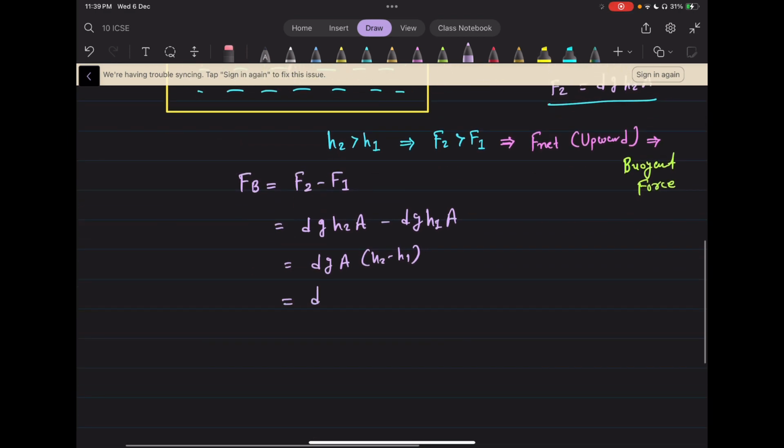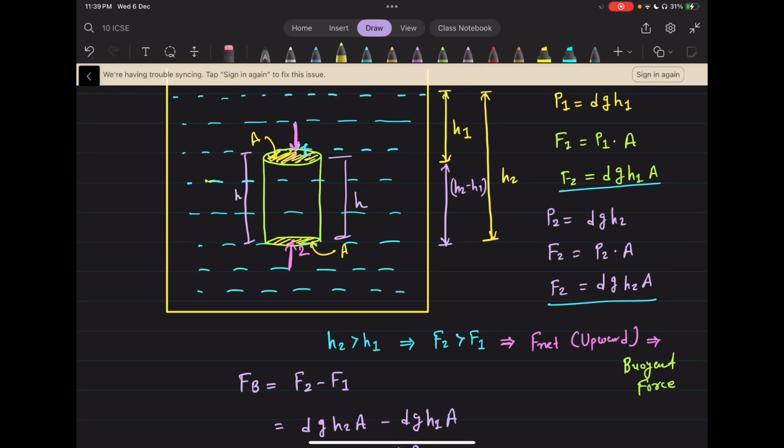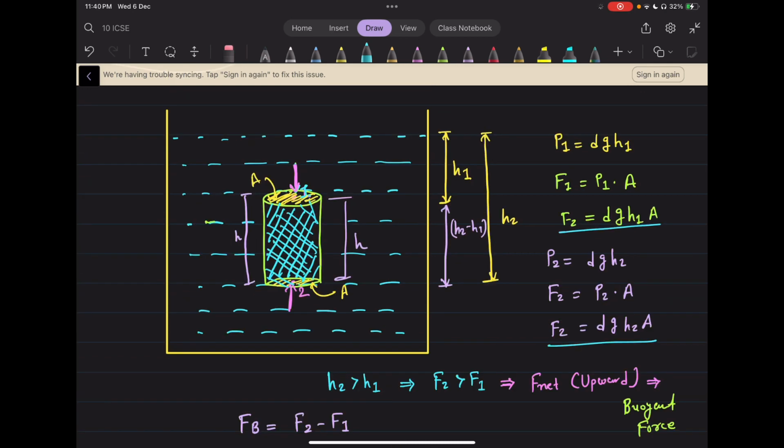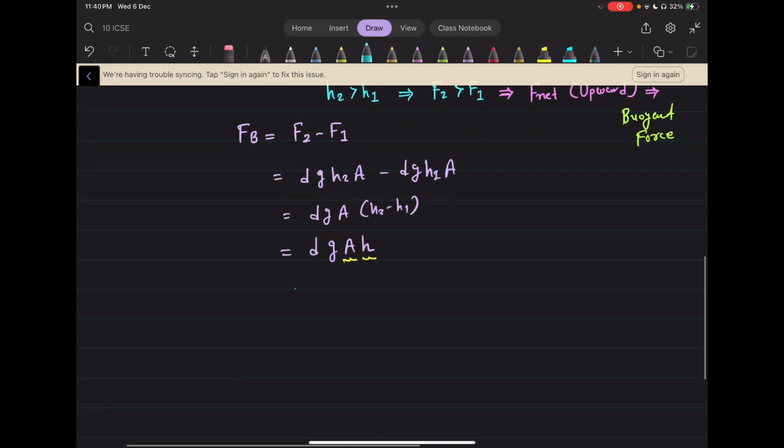So we get dgAh. Now remember that area into height is equal to volume. This is area, and this is height, so that is equal to volume, and this volume is equal to the volume of fluid displaced. The object is fully immersed in the fluid, so the volume of fluid displaced is equal to the volume of the object. So here I have density of fluid, gravitational acceleration, into volume of fluid displaced, and that will be the formula of buoyant force.